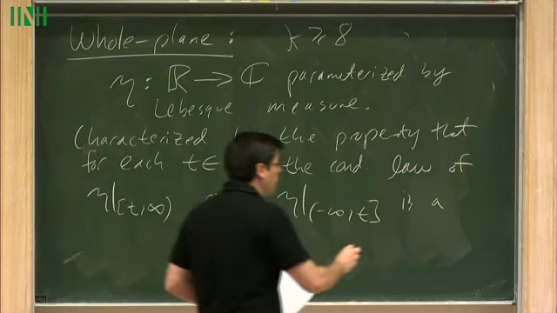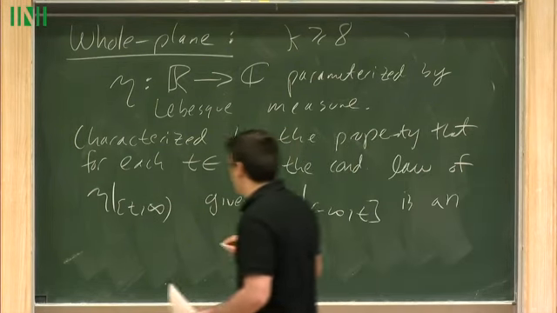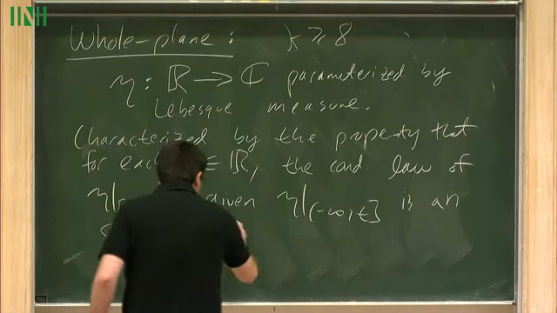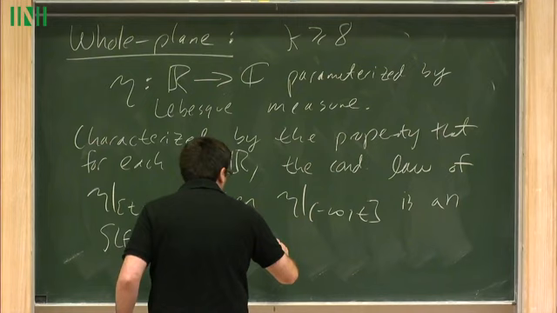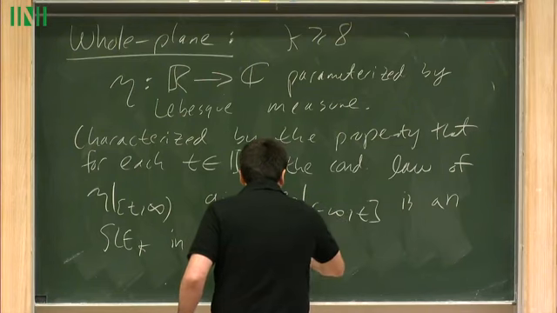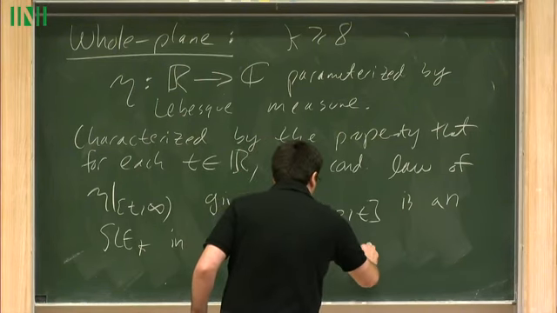So it's just going to be an ordinary SLE in the remaining domain. So in this case, it's going to be the complex plane minus the curve up to time t. Okay?